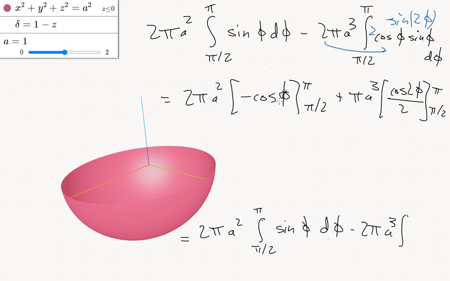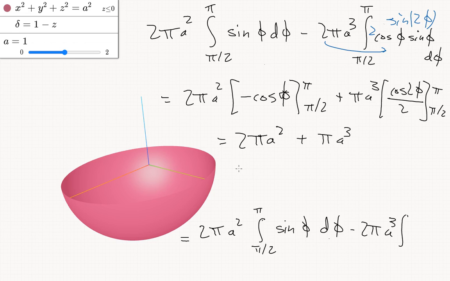So let's see. Cos of pi, so this will be 2 pi a squared, and the second one is 0, plus, and so cos of 2 pi is 1, and cos of 2 times pi over 2 is negative 1, but then since we're subtracting that, this will be 2, and that cancels out the denominator 2, so this will be plus pi a cubed.